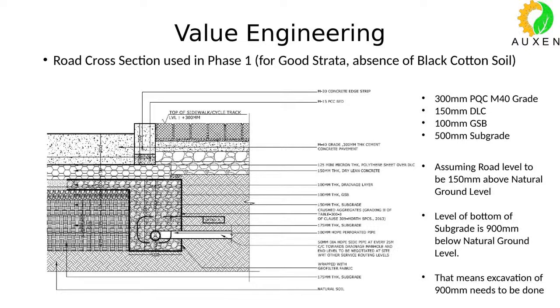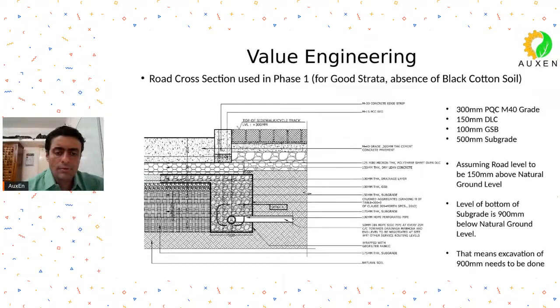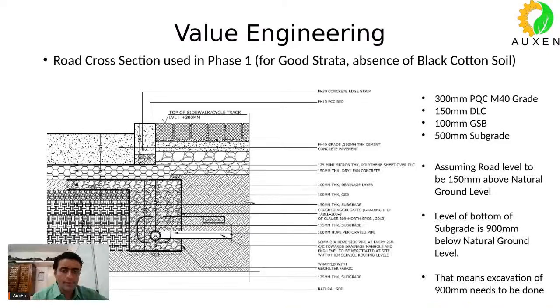That region had some black cotton soil layer also. The layer was varying from 600 to as high as 3 or 4 meters. So assuming you have a good strata, absence of black cotton, that means BC soil not beyond 600 to 800. All right, so this is the strata that they had come up with.